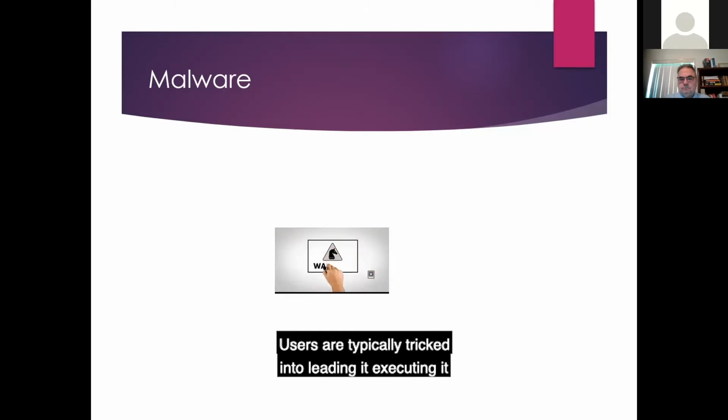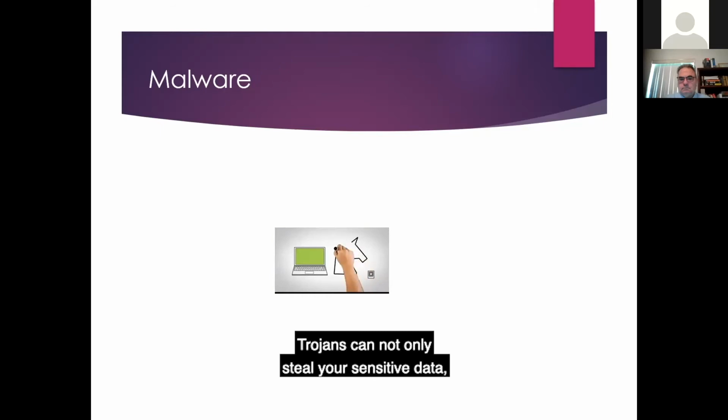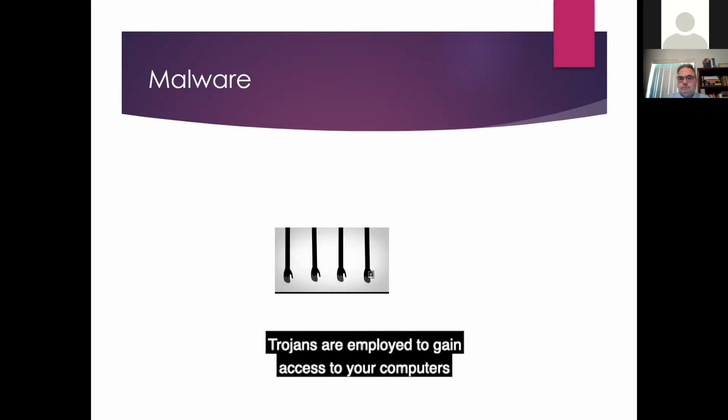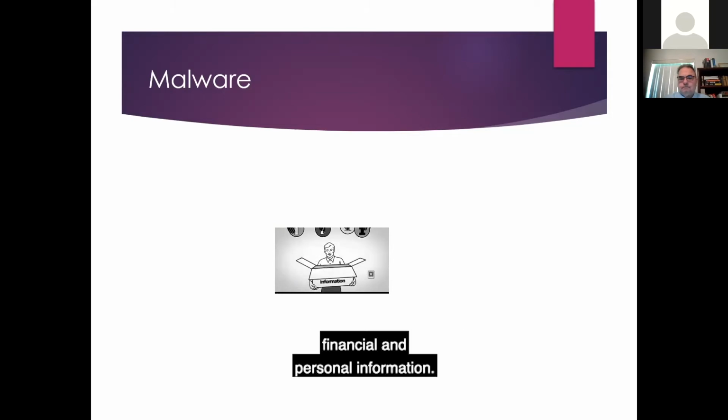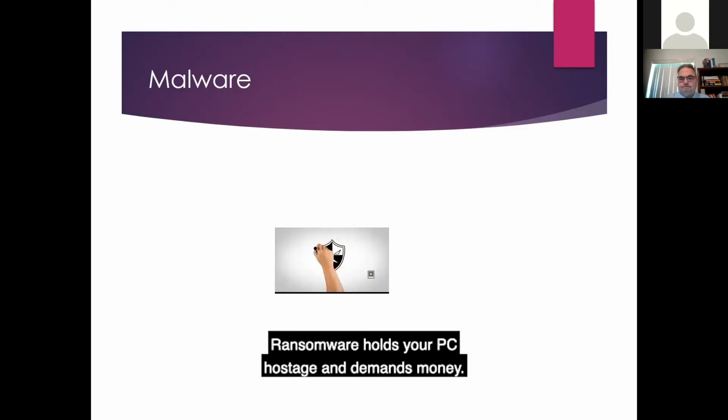Users are typically tricked into loading and executing it on their systems. Trojans can not only steal your sensitive data, they can also give cyber crooks access to your system. Trojans are employed to gain access to your computer's financial and personal information. Ransomware. Ransomware holds your PC hostage and demands money.